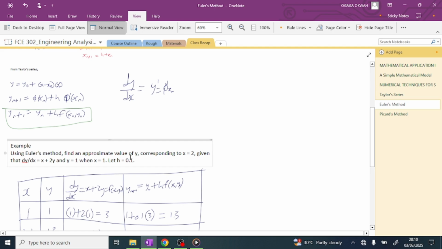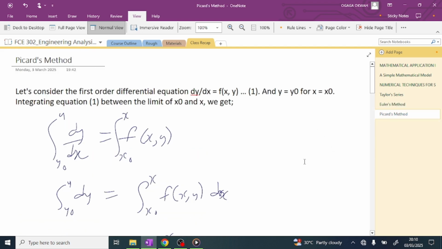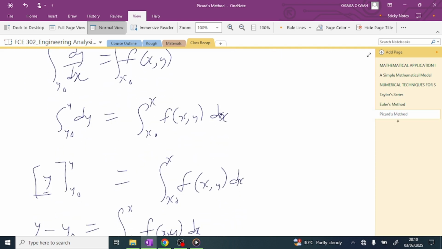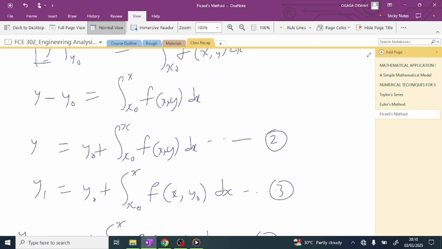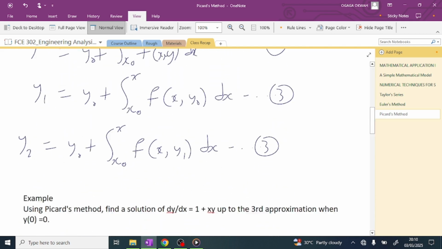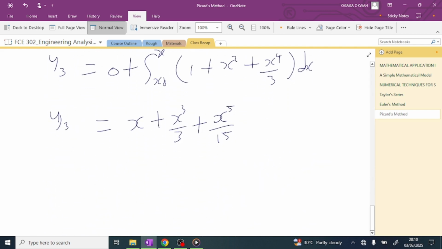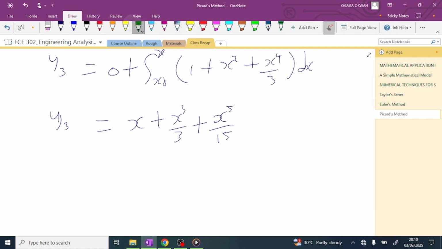So we can also have that kind of question in Picard's. Although this particular one just says we should look for the third approximation of y, which we have done. So this is the third approximation for y, and we are done with this question.